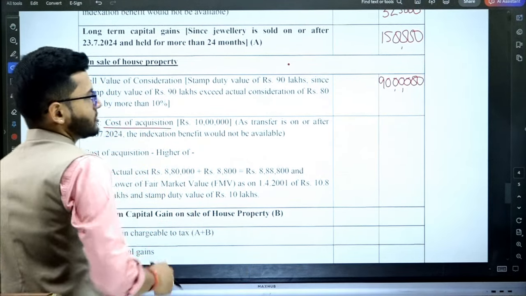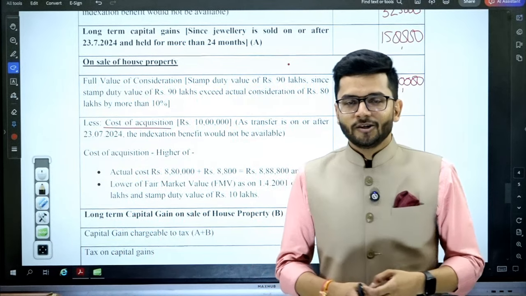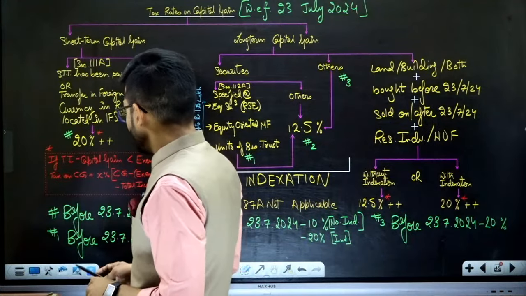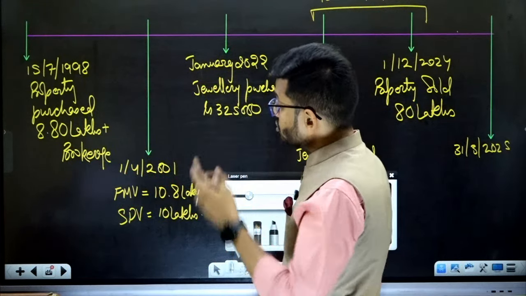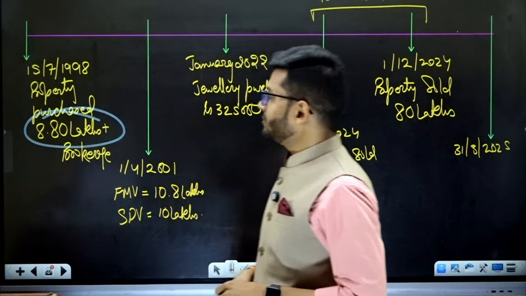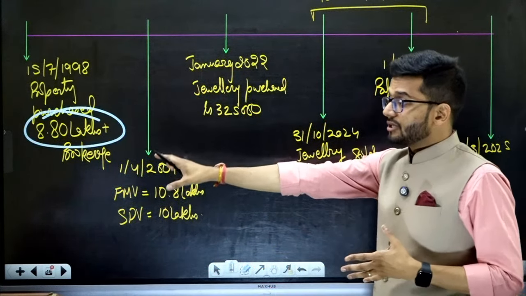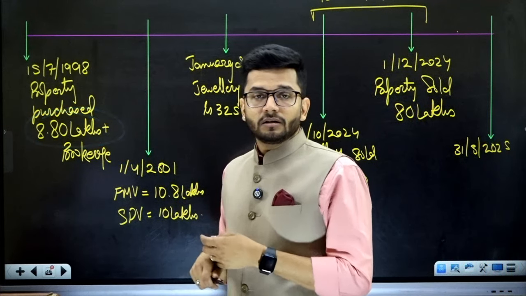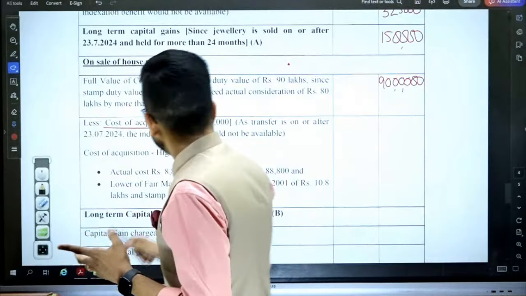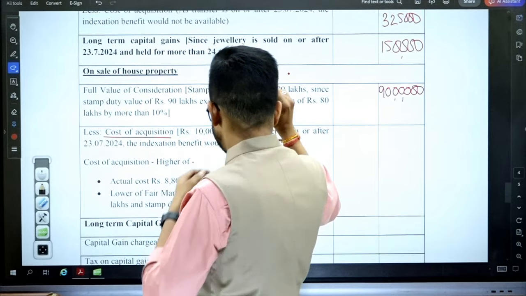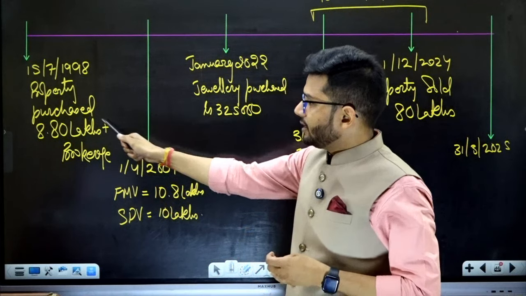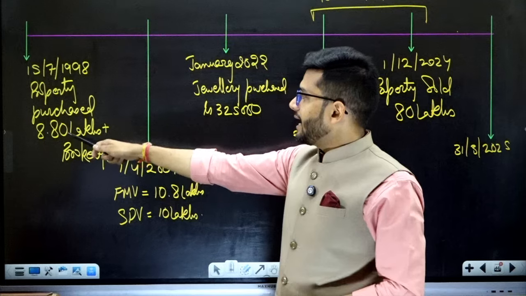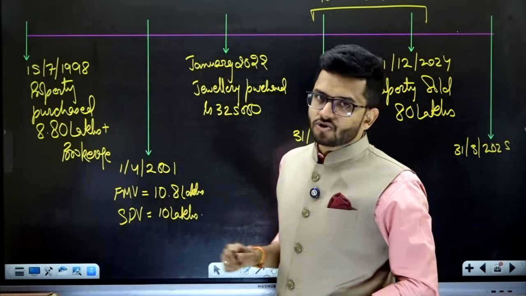Now, cost of acquisition. This asset was acquired way back in 1998, where the actual cost of acquisition was 8,00,000 rupees, plus brokerage has also been paid. What is the ratio of brokerage? I think 1%. Yes, 1% is the brokerage which has been paid. So somewhere around 8,08,000 is the acquisition cost.